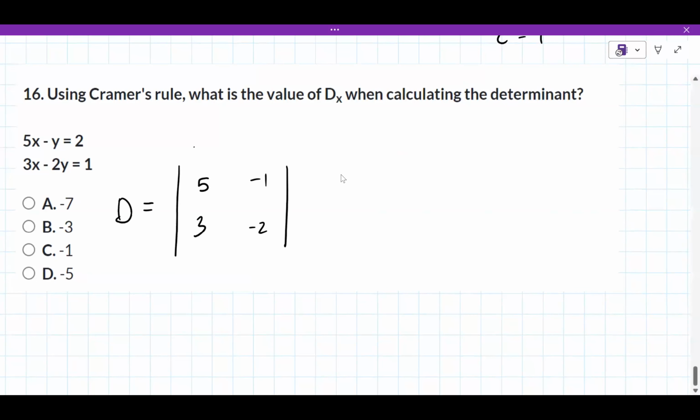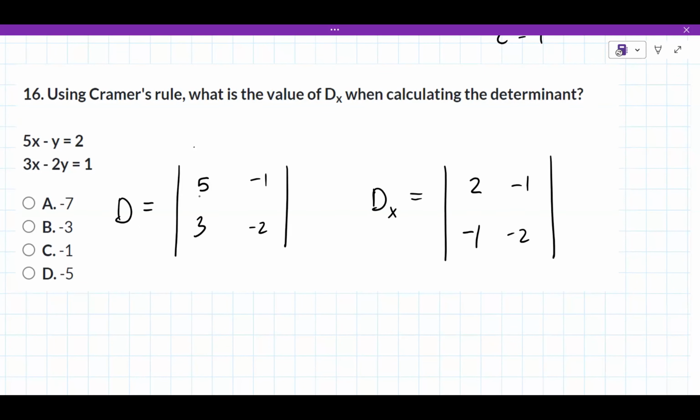So that's the coefficient matrix. Now, to find Dx, it's a little bit different though. You take the right-hand side and you put it in the place of the x values. So instead of writing 5, 3, you put 2, -1, -1, -2.